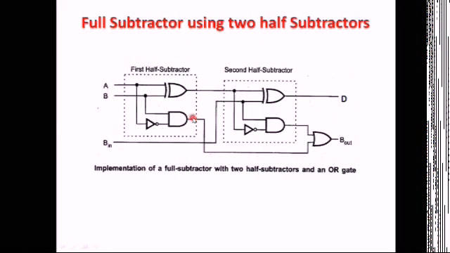And already I told you that the implementation will be two half subtractors and one OR gate. So there is the first half subtractor, this one is the second half subtractor, and these two are joined with one OR gate. So this is the implementation of full subtractor using two half subtractors and an OR gate. So I hope this is clear to all.